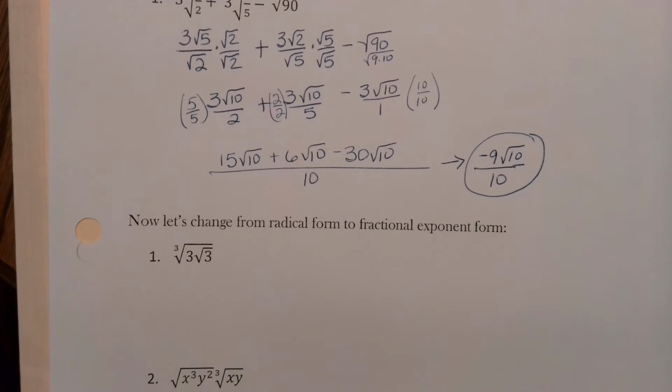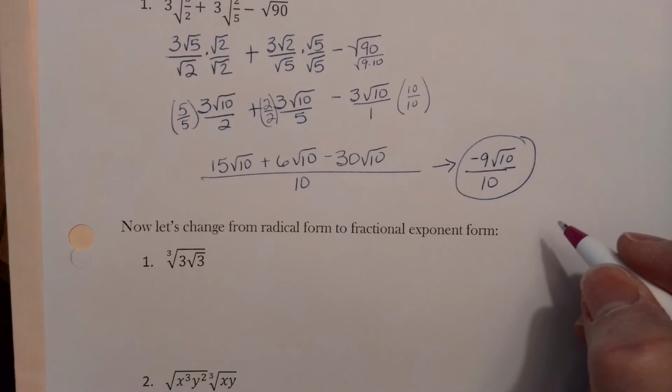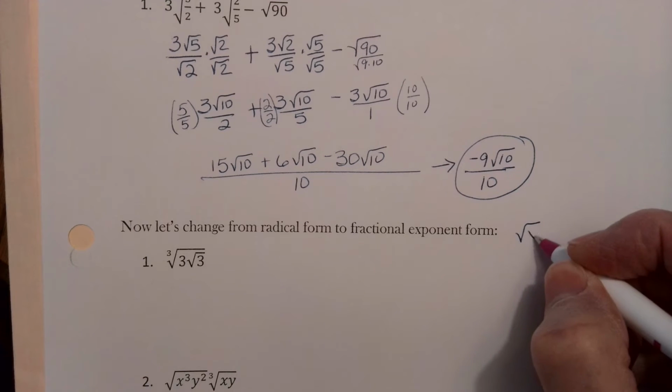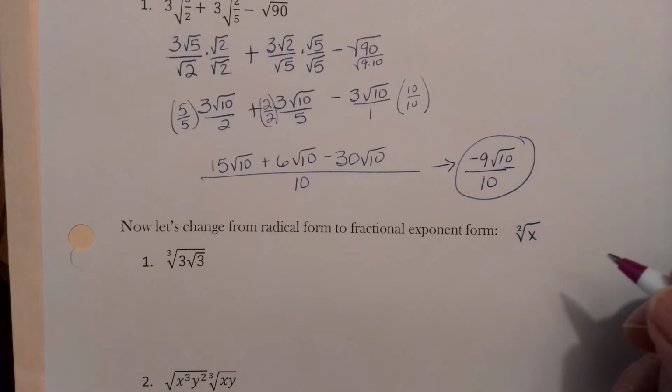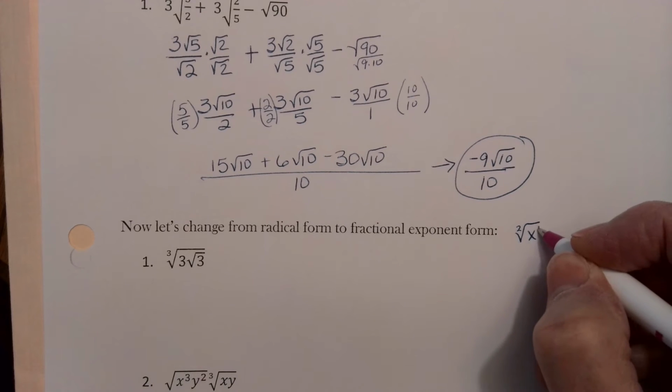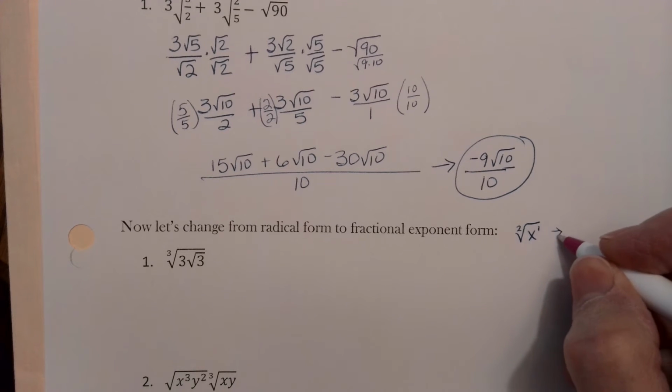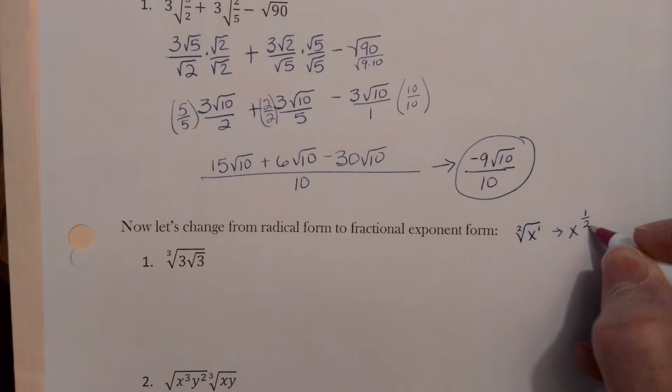Okay. Now let's change something from what's called the radical form, which has square roots or cube roots or whatever, to fractional form. Okay, so let's just review something. If you have the square root of x, that is an understood 2 right here, and the x has an understood 1. That's equal to x to the 1/2 power.